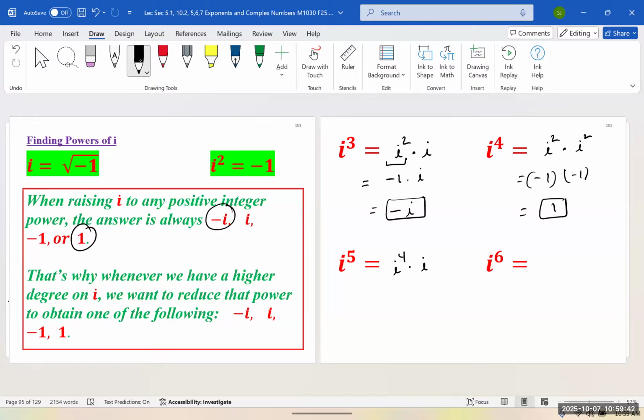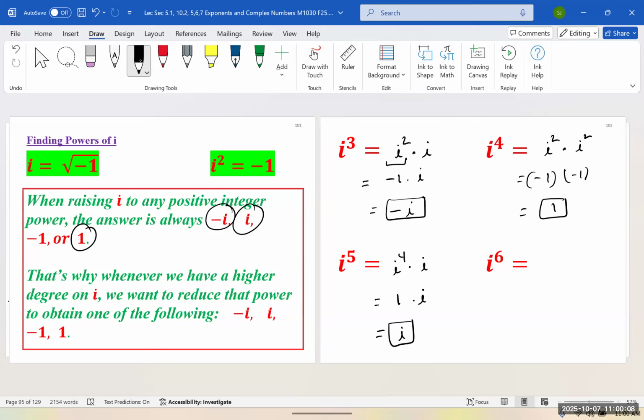What is i to the 4 from before? It's 1, so 1 times i, which is +i, which is this one. See, different powers give us different outcomes. Wow. Even and odd, they have more to it.